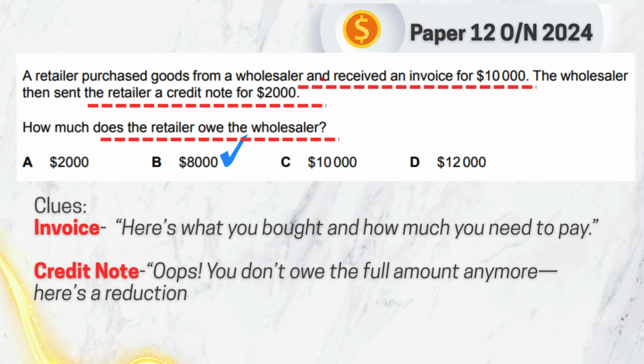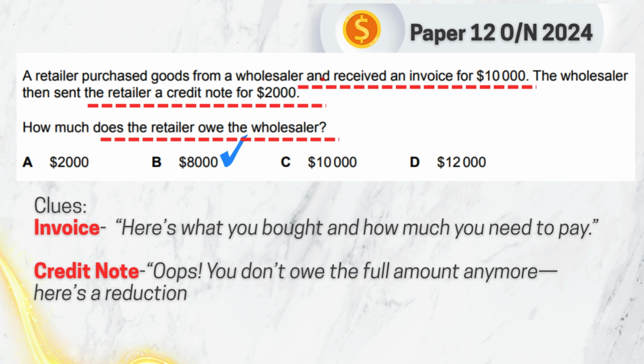Usually, a credit note is used when some items were returned, or if there's a mistake in the invoice, for example the computation or the items are wrong. It is also used if a discount is applied after billing.